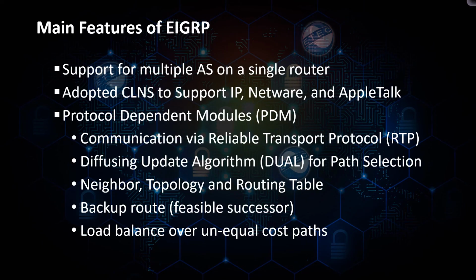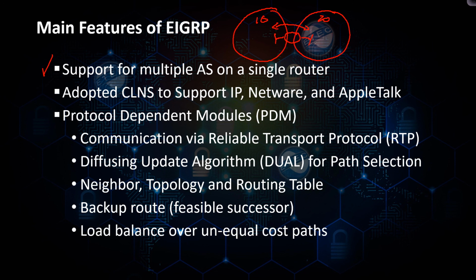And last on this video segment, I'd like to cover the main features of EIGRP. First on this list is support for multiple autonomous systems on a single router. What that means is if your organization is currently running autonomous system 10, and they purchase or partner with another organization currently running autonomous system 20, you can put a router in the middle with one interface in AS 10, another interface in AS 20, and perform something called redistribution.